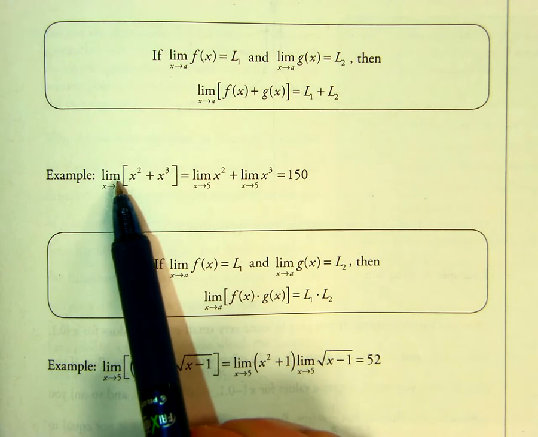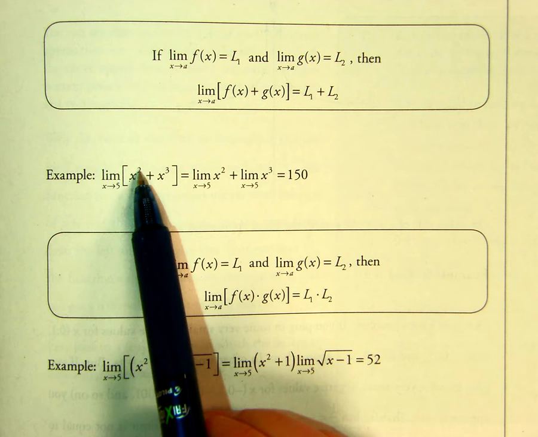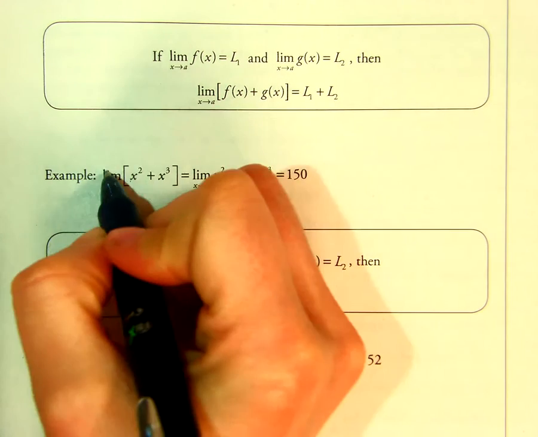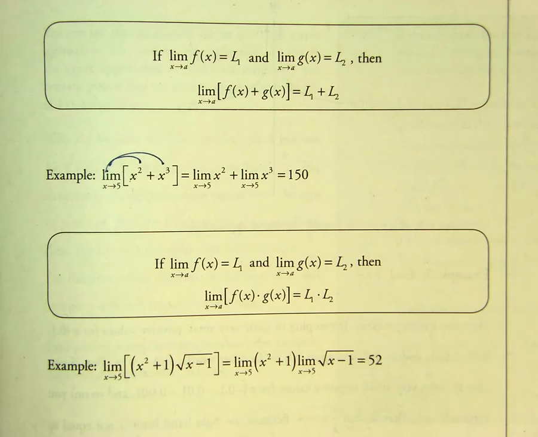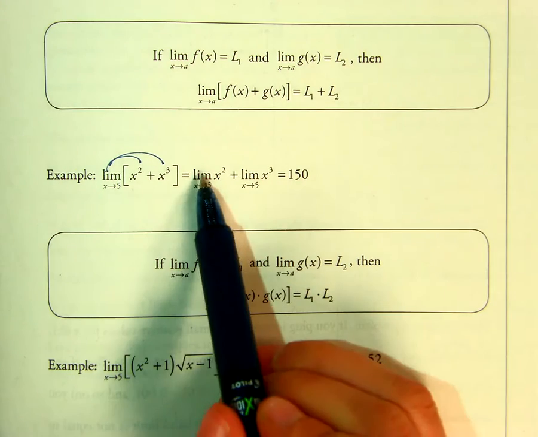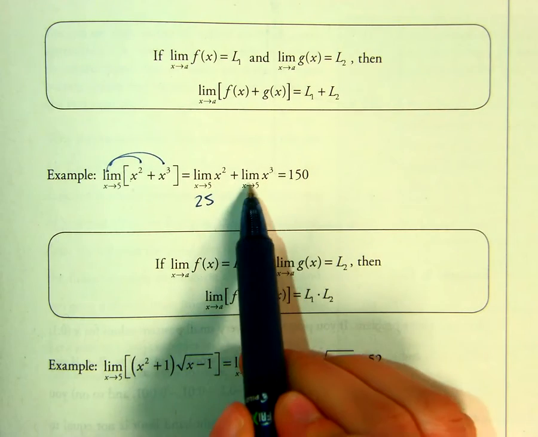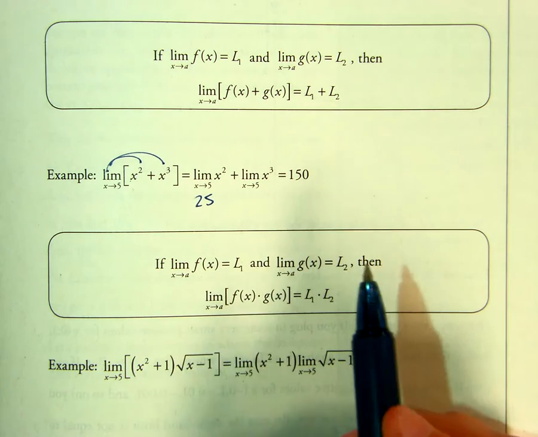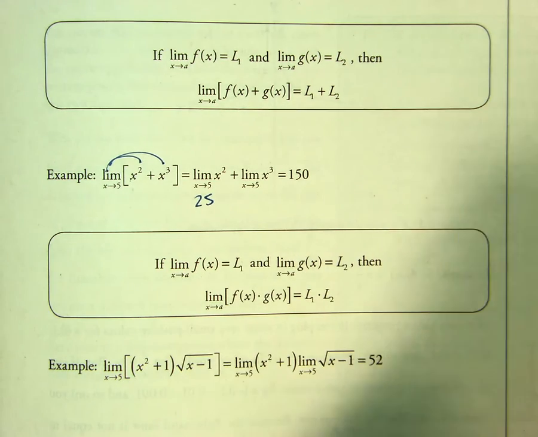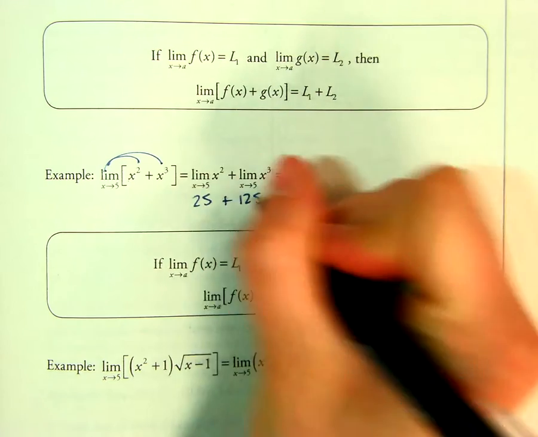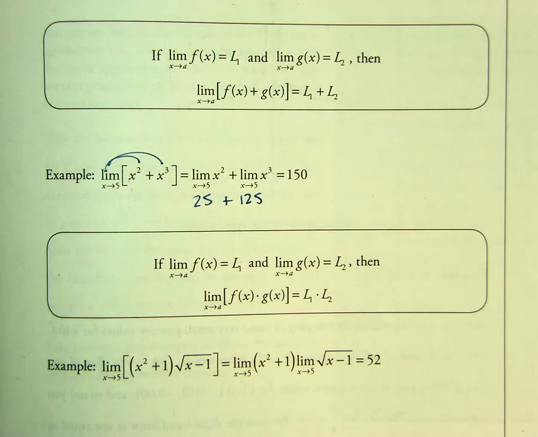Let's say we have the limit as x approaches 5 of x squared plus x cubed. We can distribute the limit to both because they're both terms. The limit as x approaches 5 of x squared is 25. The limit as x approaches 5 of x cubed is 25 times 5, so 125. Then we add those up to get 150.